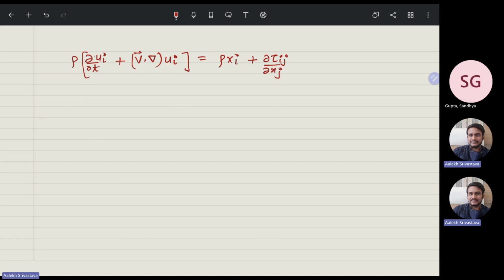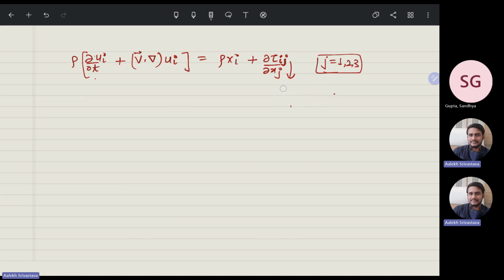So what it means is that i is the direction and j is the value that can change from 1 to 3. So it can be 1 to 3. So it's just a gradient. In i cap direction this can be explained as tau 1 1, tau 2 2, tau 3 3, tau 2 1 2.